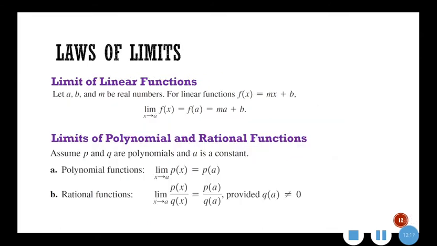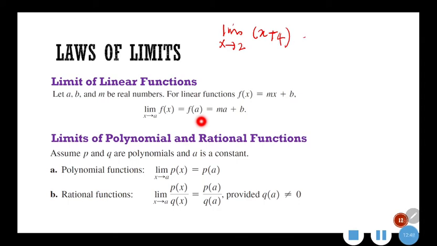Okay, then here we have the limit of linear functions. The limit of linear functions here is very simple. If the function is linear, what you have to do is just replace x with a. Let me give you an example. The limit as x approaching 2, for example, and let me give you a simple linear function, you know, linear, x plus 4, for example.